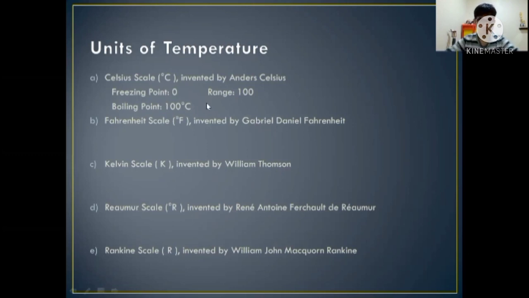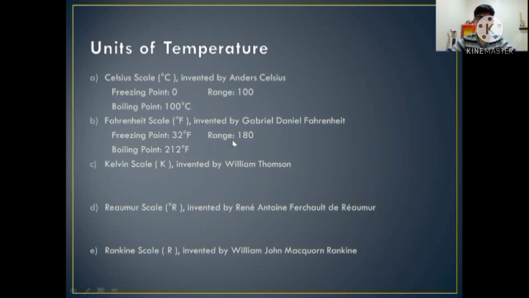And now, after I explained already, let's continue to the Fahrenheit scale. In here, the Fahrenheit scale freezing point is 32 degrees Fahrenheit and the boiling point is 212 degrees Fahrenheit, which means the range will be 180, between 32 and 212.